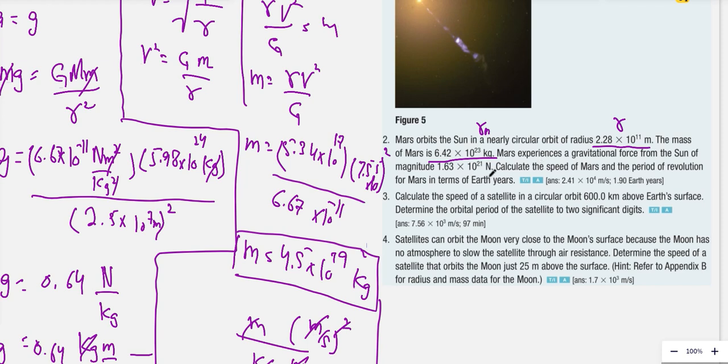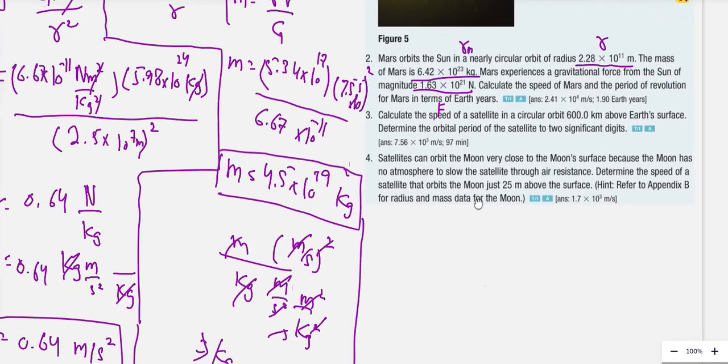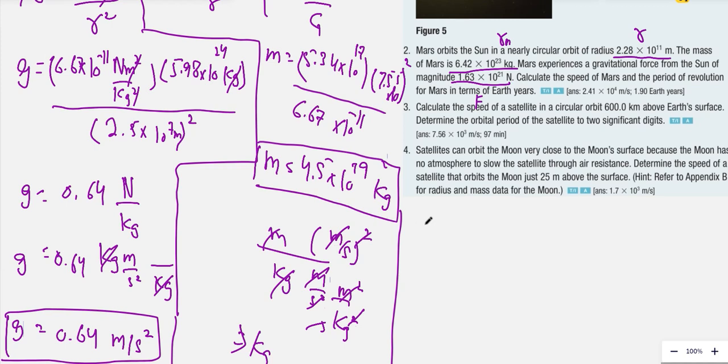The force which Mars is experiencing is also given. Calculate the speed of Mars and the period of revolution of Mars in terms of Earth years. So first we have to write the given data.